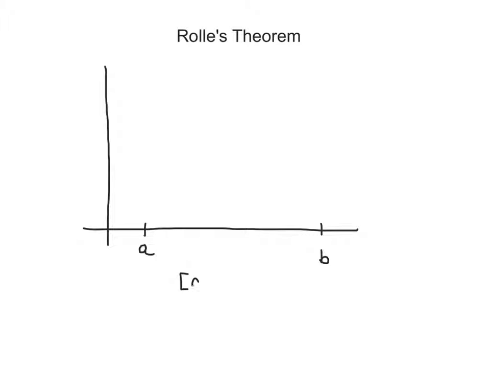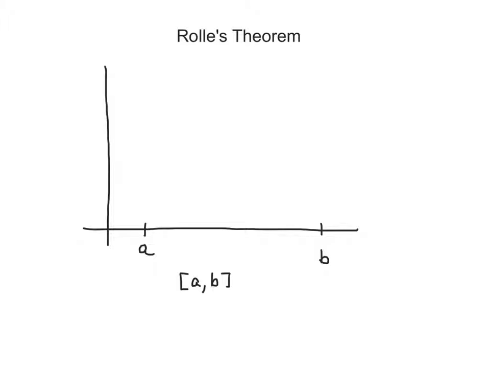So here's my y-axis and my x-axis. And so what we're saying with the mean value theorem is if a function f of x on an interval from a to b, so here's our interval is a to b. Okay.